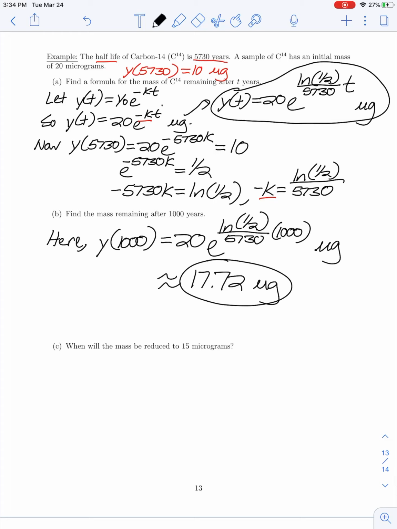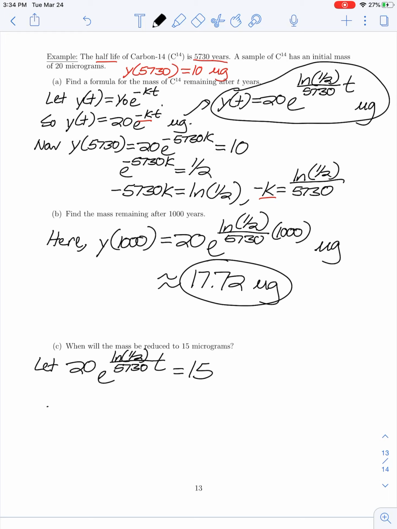Now, in the last part of this example, we are asked when will our mass be reduced to 15 micrograms. So to find that, we take the expression that we found for mass in part A, 20 times e to the natural log of 1/2 over 5730 times t, and set it equal to 15.